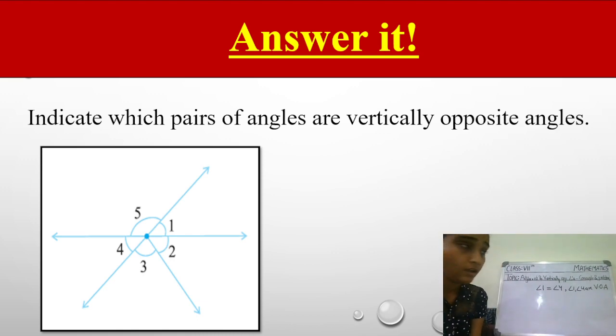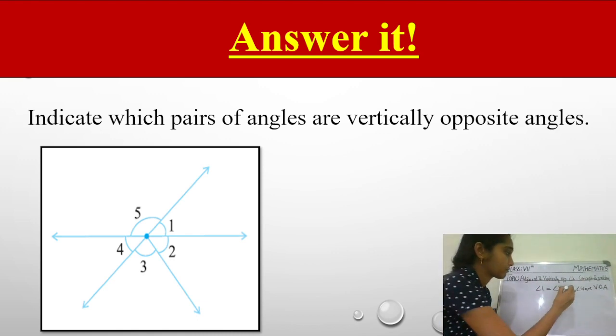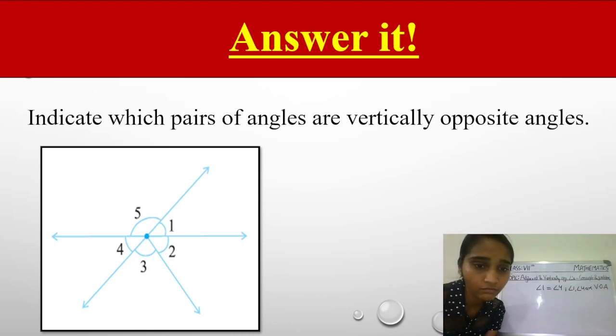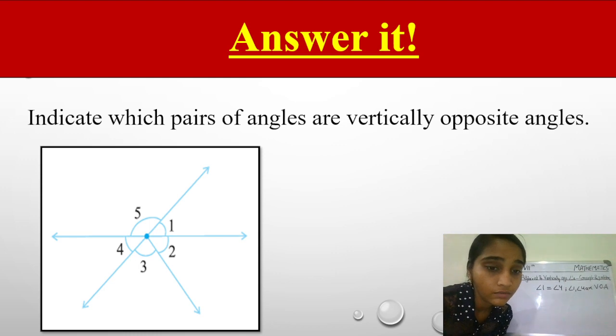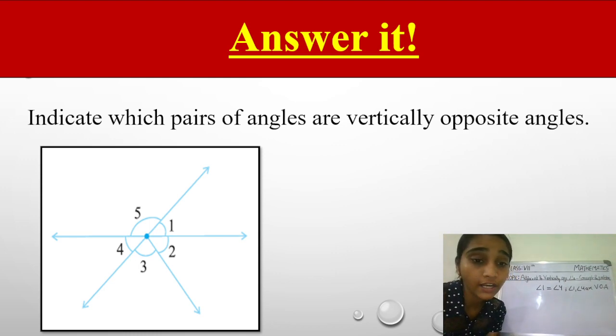Now students, what else? Are you able to find a few more? Okay, students, now just look at that. Angle 5 will be equal to which angle? 2? No, not 2. 3?